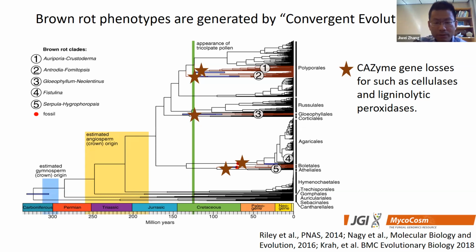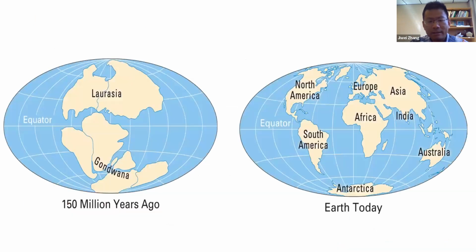According to the molecular clock, we can see that these brown rotters evolved about 150 million years ago, which is about the Jurassic time. And if you think about it, here's something that may raise your interest in brown rot. 150 million years ago, our Earth looks like this map, with two main continents.